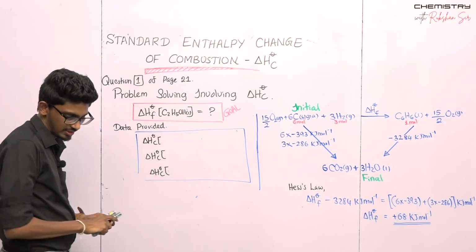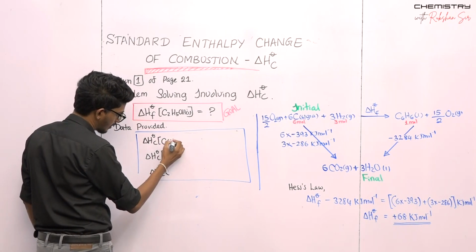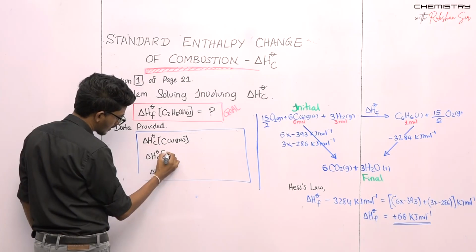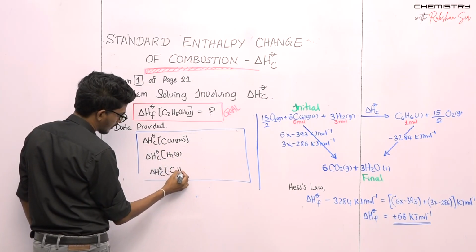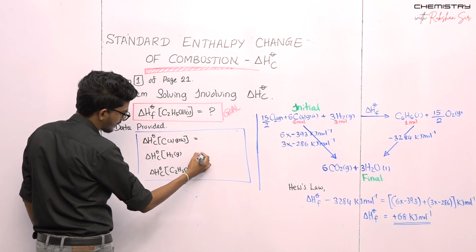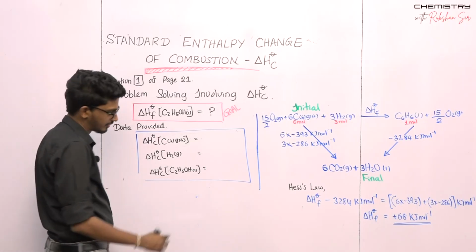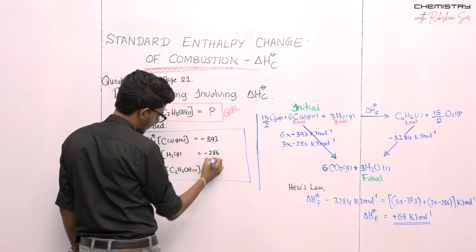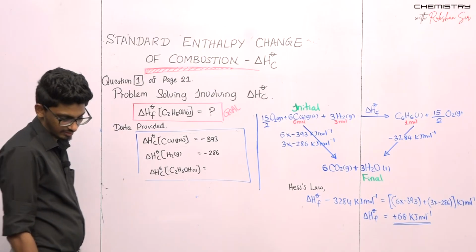I'll write those values here. They have provided combustion values for carbon solid graphite, H2 gas as well as C2H5OH liquid. The combustion values are given as minus 393, minus 286, and the value for C2H5OH was given as 1372.